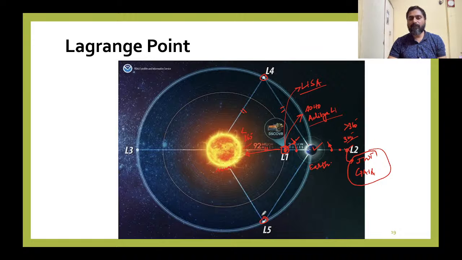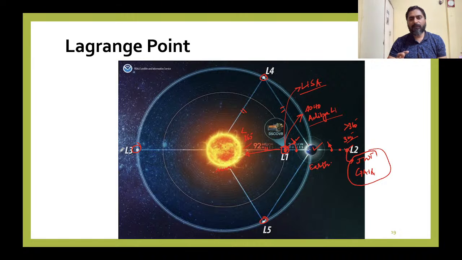So we know the utility of L1 and L2 and L4 and L5 also, but the L3 point has not been quite used by scientists because it always remains hidden behind the sun. So communicating with this point becomes difficult. So we have not been able to find any usage of this point as of now.